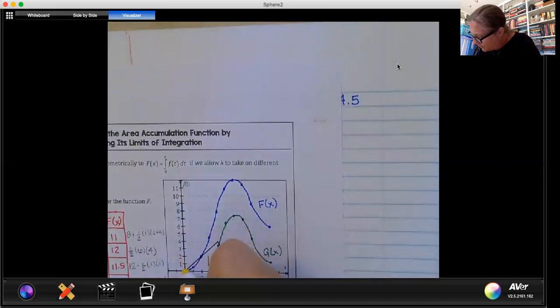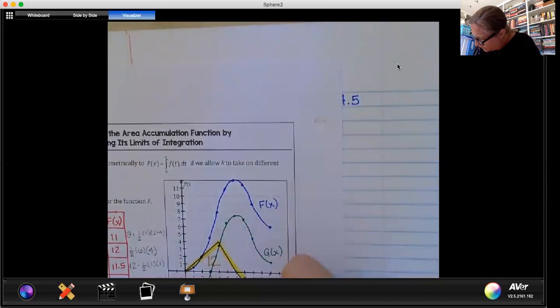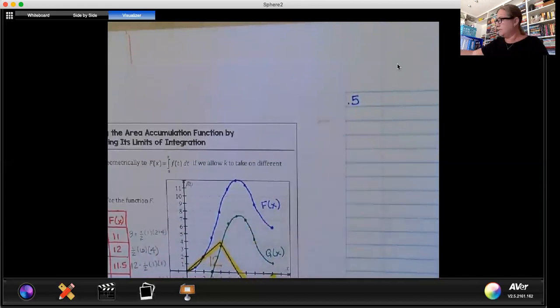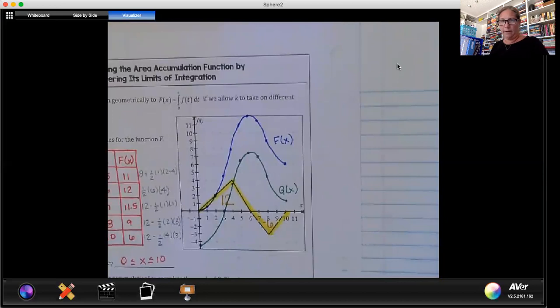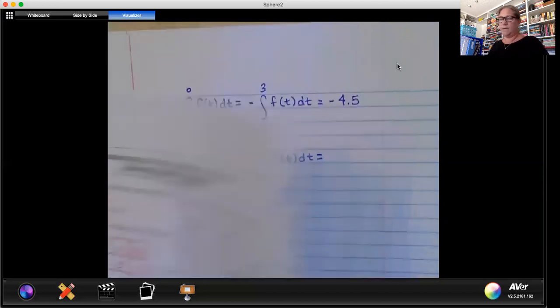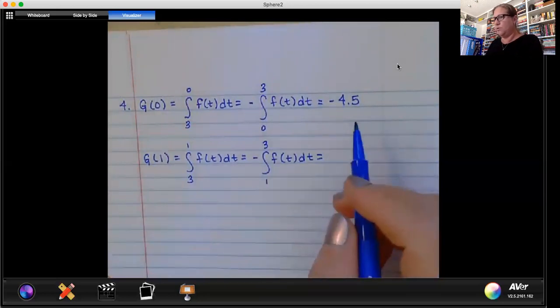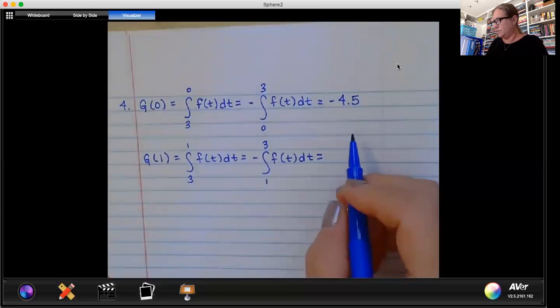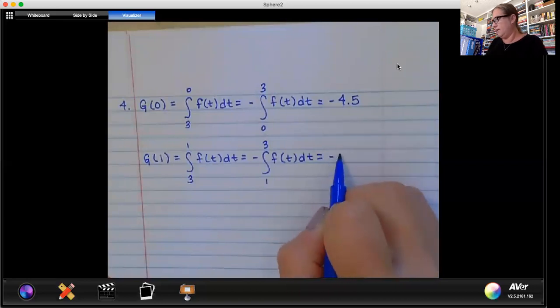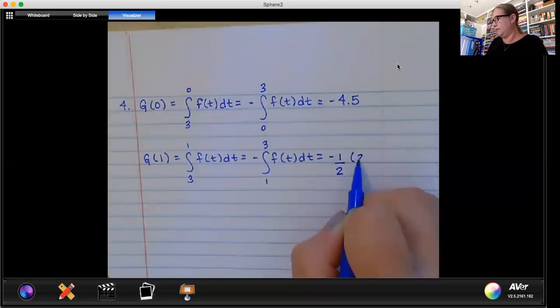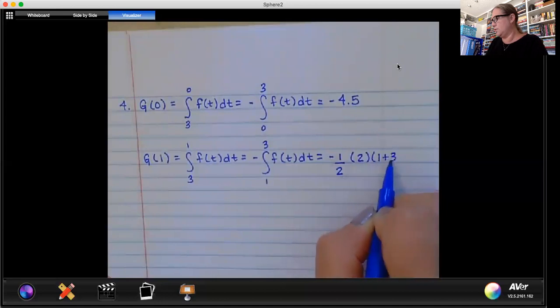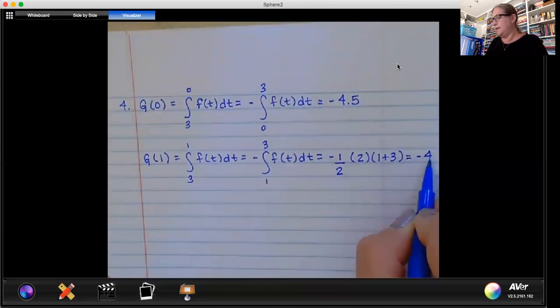We're looking at the original function when we're finding these values, not the curves. In order to find that, we have a trapezoid. We have the negative out front, 1/2 times 2 times 1 plus 3, which is negative 4.